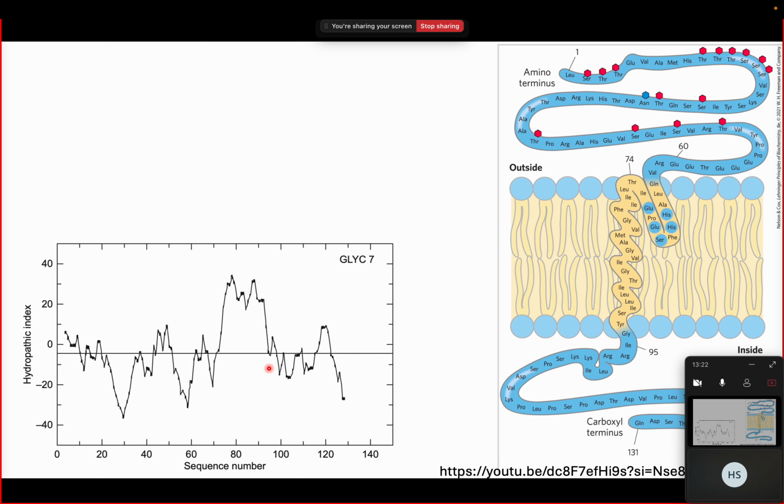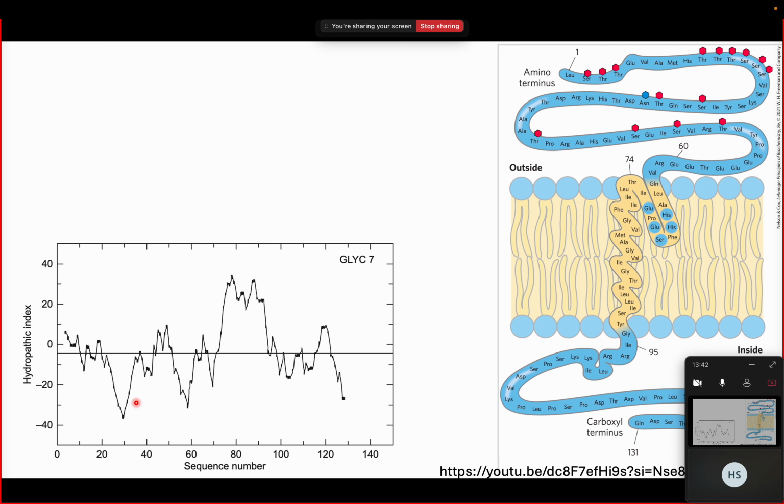If you look at the corresponding residues, these are the residues which are actually passing through the membrane, and they are highly hydrophobic in nature, correct? And the remaining others have either a very low positive hydropathy index or a negative hydropathy index, correct?